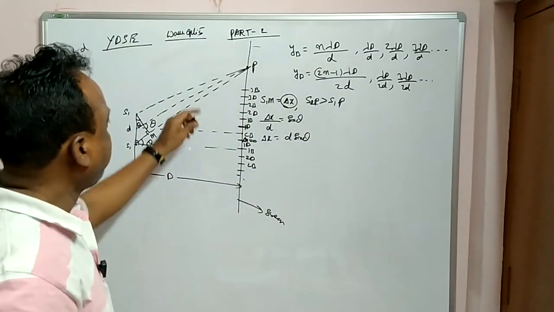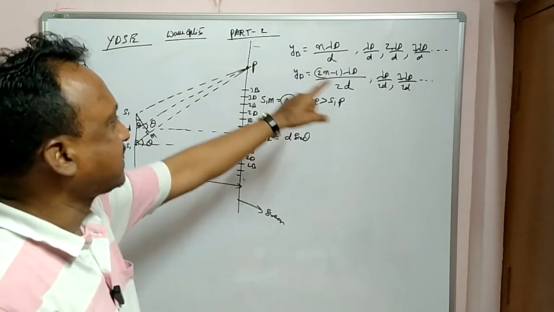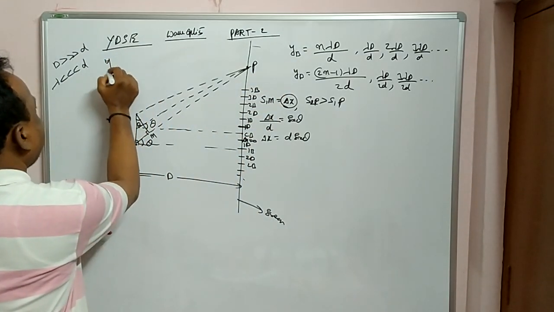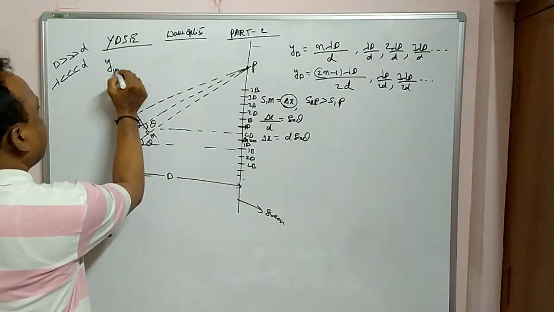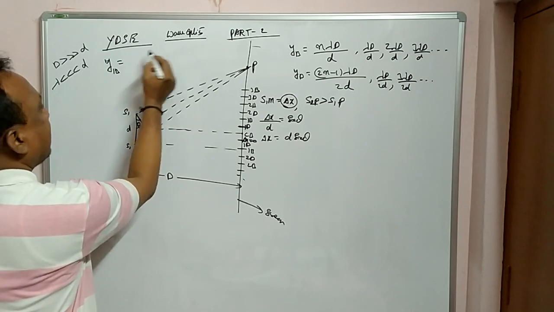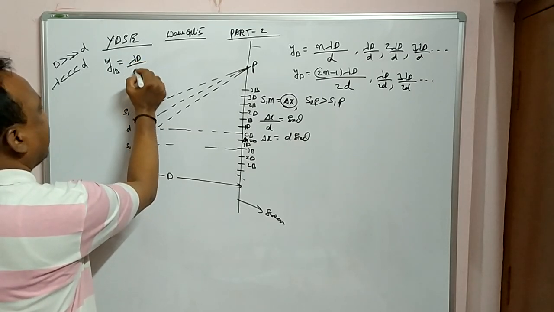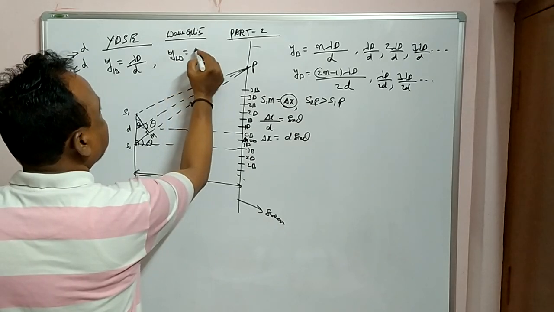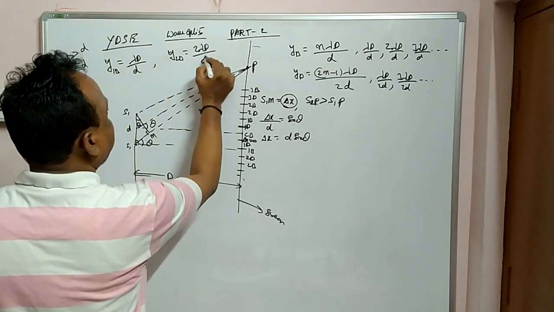That means if you see the difference between any two successive bright bands, for example, the first bright we got as lambda D by d, and the second bright we got the distance as 2 lambda D by d.